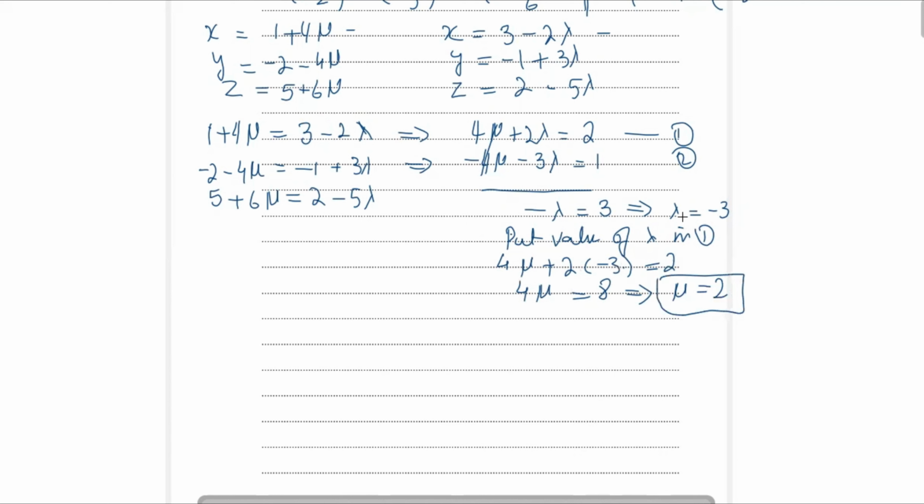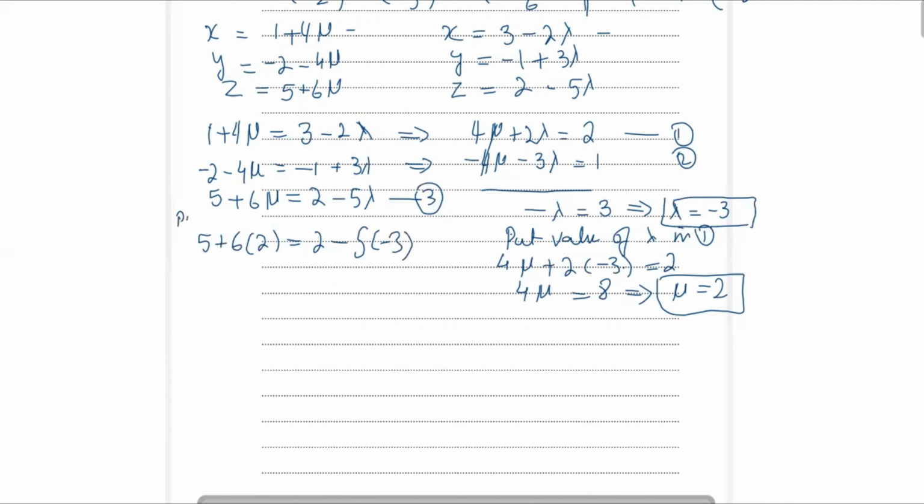Now we substitute the value of mu and lambda in this third equation. If this satisfies the equation, we will say that the lines L and M intersect each other. Now you see here, we can write 5 plus 6 into 2, and here is 5 into lambda, which is minus 3.